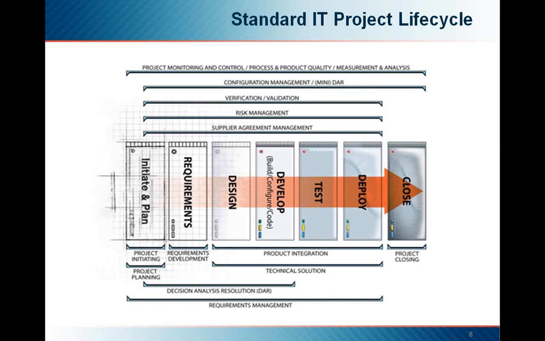Here you'll see a typical project using a classic IT lifecycle. You may have even seen a chart very much like this for one of your projects in the past. Here you see the standard approach: plan, requirements, design and develop, test, deploy, and finally close out. The IT industry has put a lot of effort into surrounding these activities with controls and procedures to ensure each area is performed with the utmost efficiency and quality.